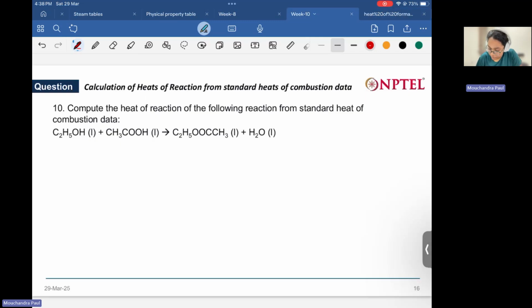So let's first find out the heat of combustion of the components: C2H5OH, which is in liquid state, CH3COOH, also in liquid state, C2H5OOCCH3, and water.